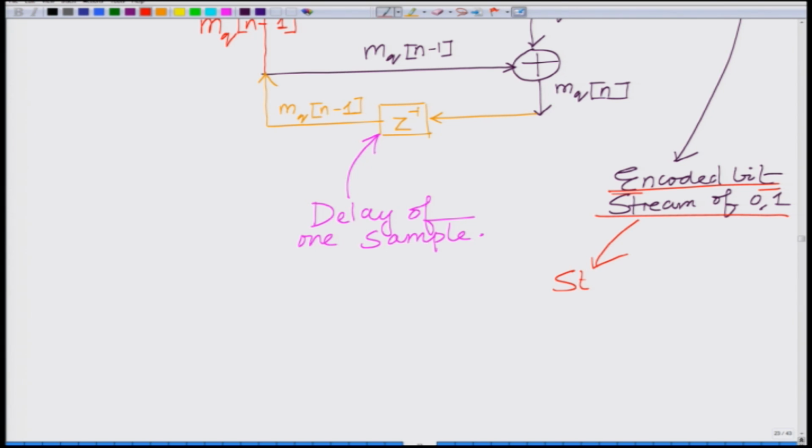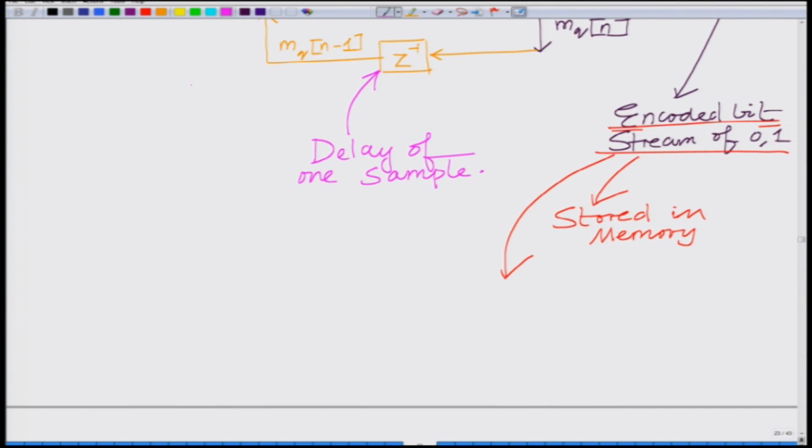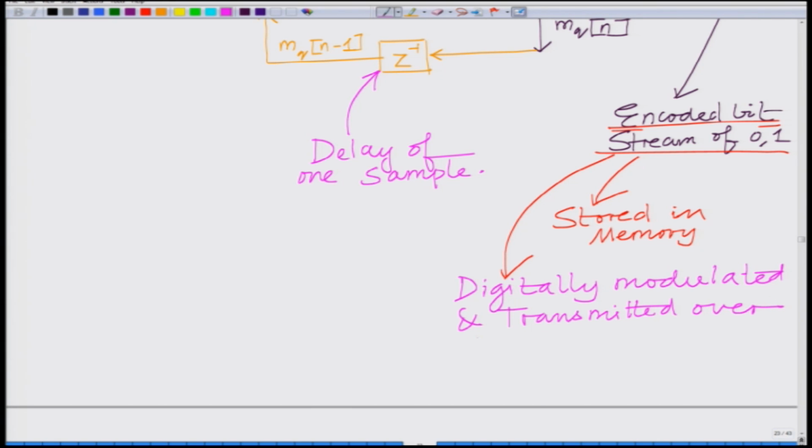This can be either stored in an appropriate memory, or it can be digitally modulated and transmitted over a communication channel.